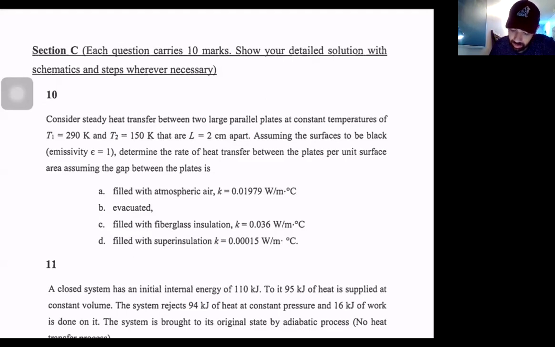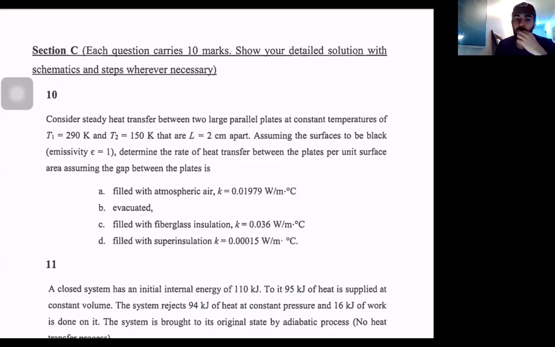Determine the rate of heat transfer between the plates per unit surface area, assuming the gap between the plates is filled with different substances. A, it is filled with atmospheric air. B, it is evacuated. C, it is filled with fiberglass insulation. D, it is filled with super insulation with different conduction constants.